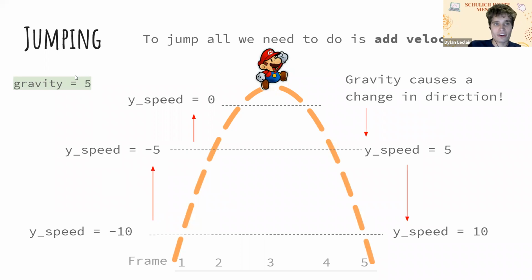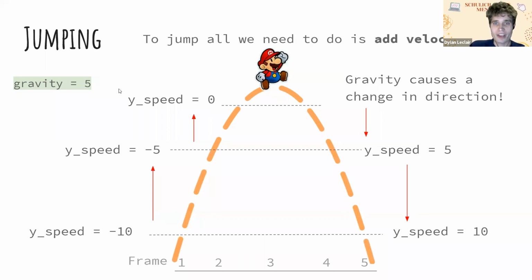Then since our gravity over here is 5, in the next frame our speed will increase to -5. So we'll still be going up 5 in the second frame. But then our speed will become 0, right? Gravity is applied here again, and so our y speed becomes 0. And then at this point is when we start to fall back down.